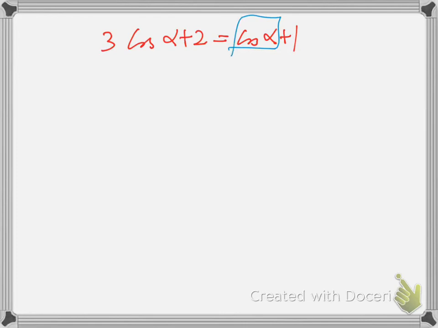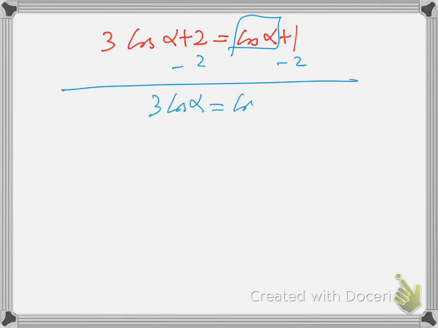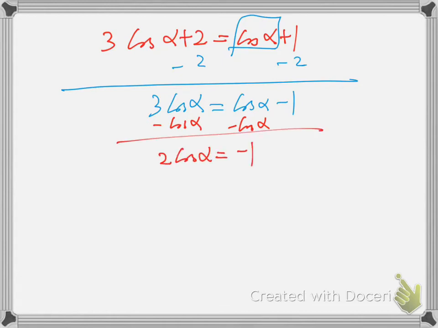Minus 2, we get 3 cosine alpha is cosine alpha minus 1. And then minus cosine alpha, so 2 cosine alpha is negative 1. And then divided by 2, we get cosine alpha is negative 1 over 2.